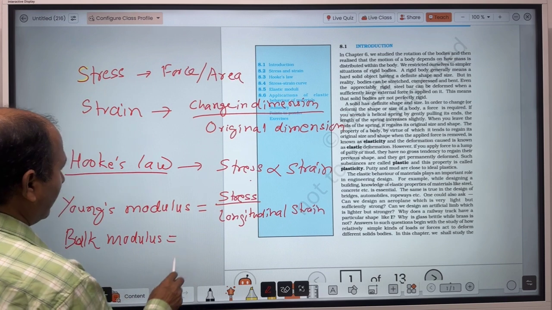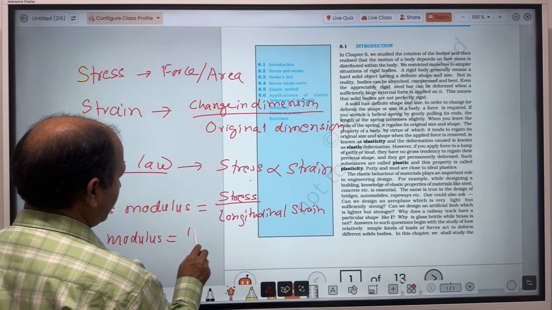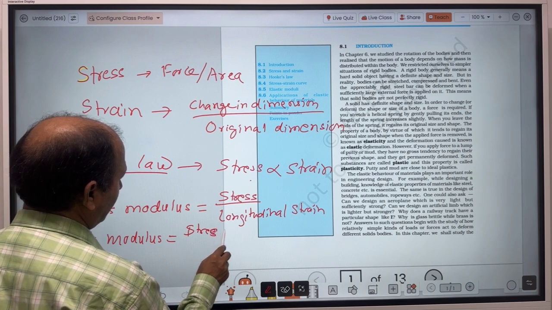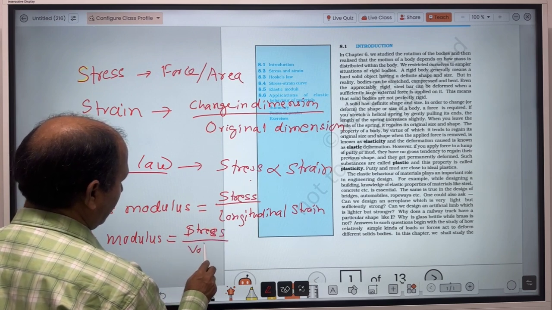which will be stress divided by volumetric strain.